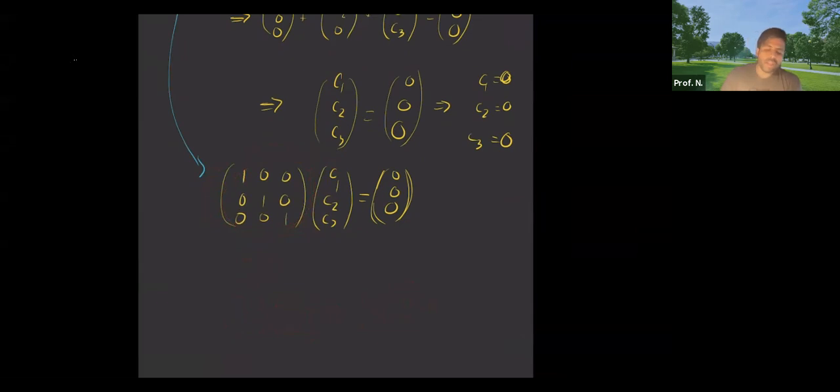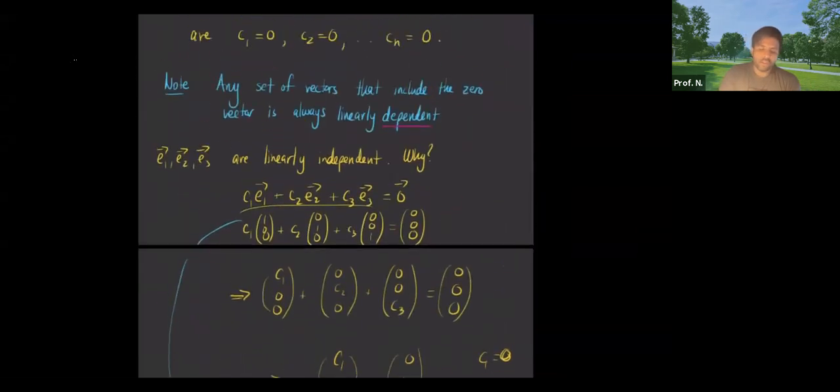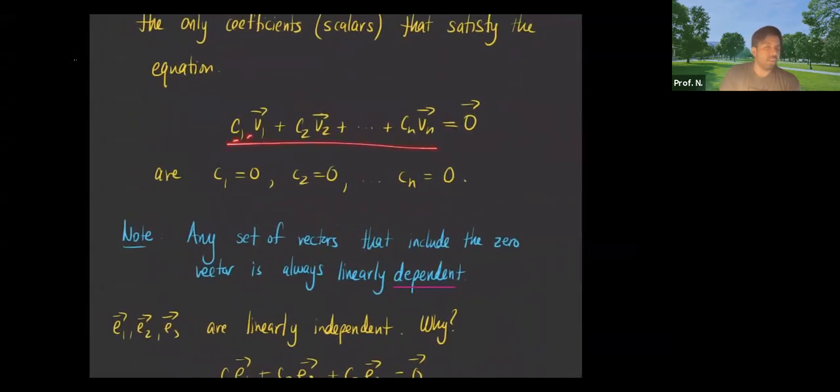So do you see how this sort of follows from spanning? This is a linear combination, but do you see how this is a very specific vector that we're dealing with? Since 0 is in the span of every subset of vectors, you can always write 0 as a linear combination of vectors.